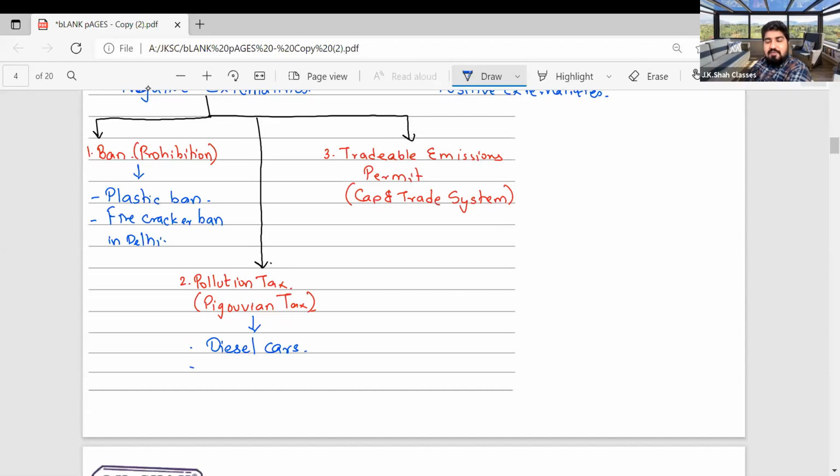So if you are causing more pollution in the environment, to discourage the level of pollution in the economy, Government of India will charge tax, which will be called pollution tax. Okay. So in the second point, you can just write down example of vehicles older than 15 years.